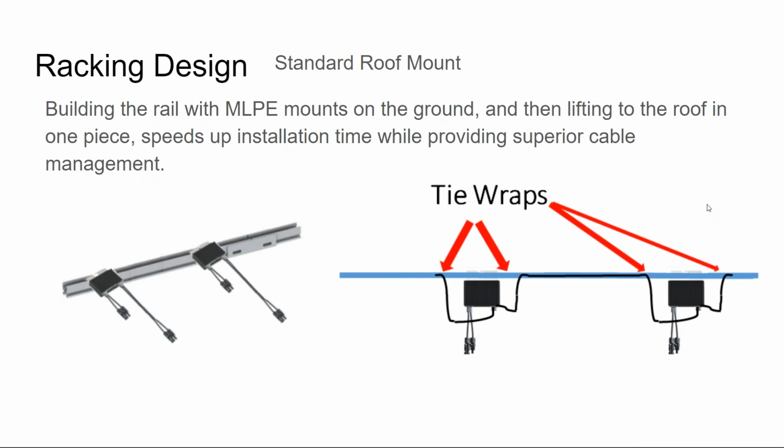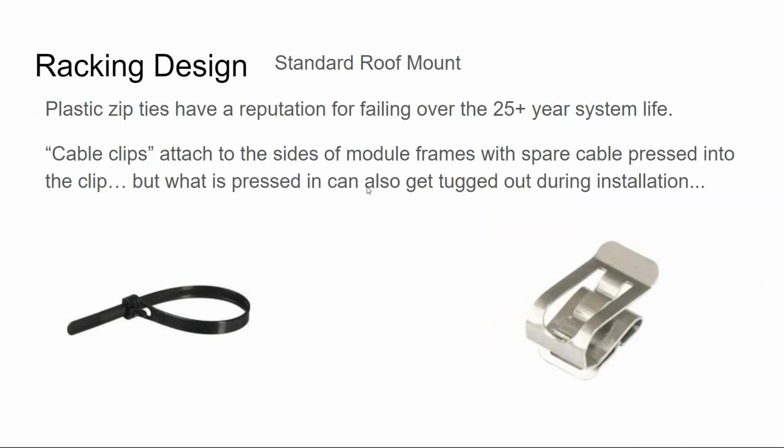What I actually do now in my installs is build my solar rails down on the ground and mount my little module level optimizer boxes to the rail. Then I'll tie wrap the cable into the rail and zip tie it, as opposed to using these little metal clips that hang off the side of the rail.